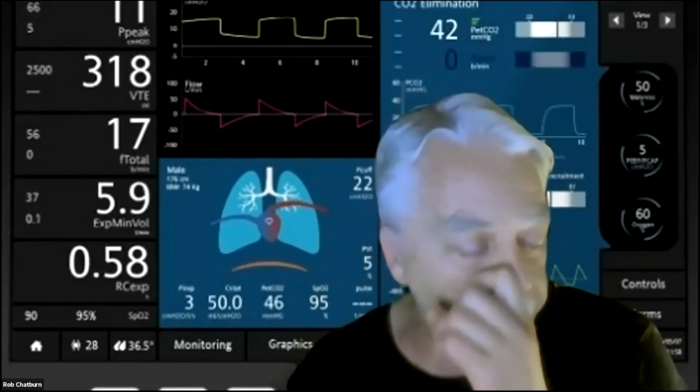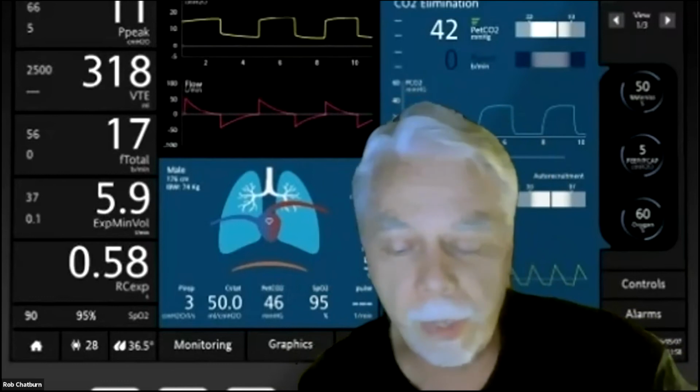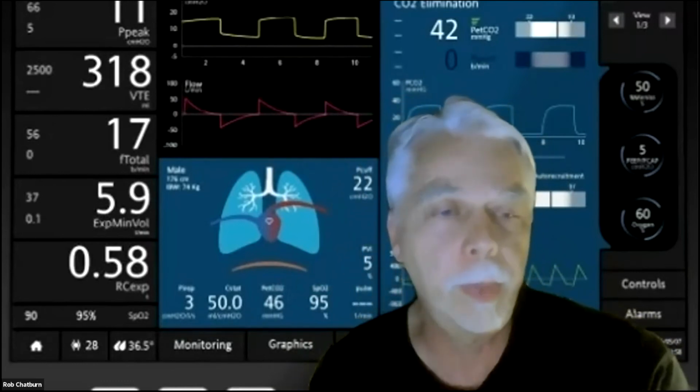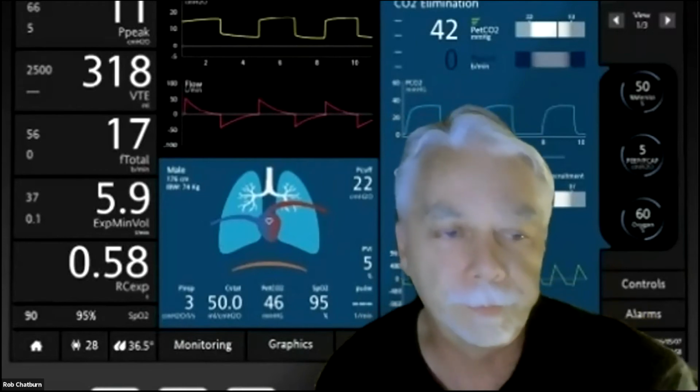Exactly. My experience has been going clear back to the 1980s. High frequency ventilation, jet ventilation or oscillation, does work on preemies much better than it does on adults. There's no question. Working in pediatric ICU, I can tell you that I'm very happy to put a 2.5, 3 kilogram patient even after cardiac surgery on HFO.